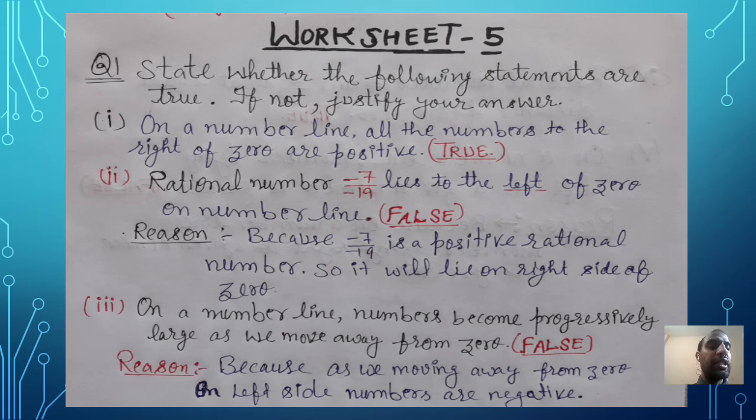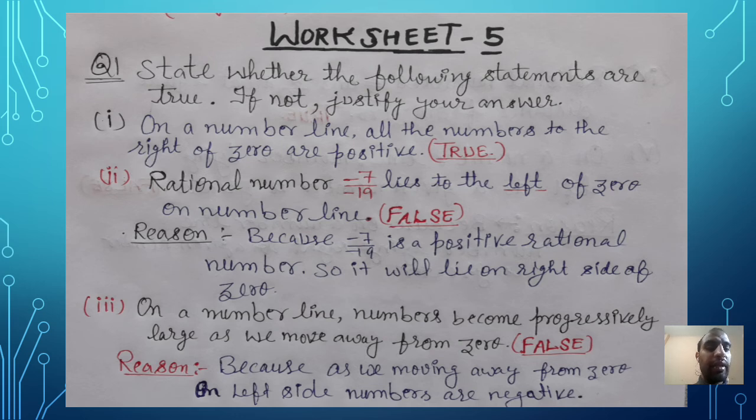If any number is positive, definitely that number is toward the right side of 0. But in the statement it is written left side. That's why our statement is false. So we need to write, because -7 upon -19 is a positive rational number, it will lie on the right side of 0.